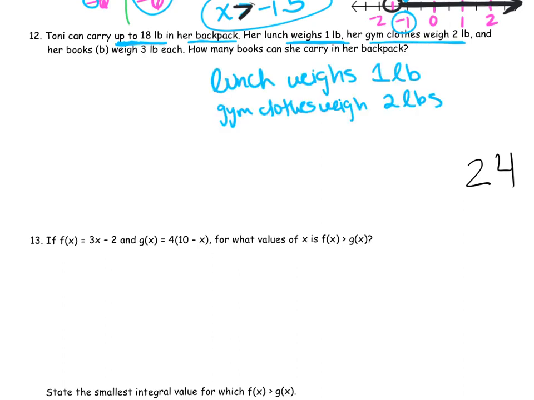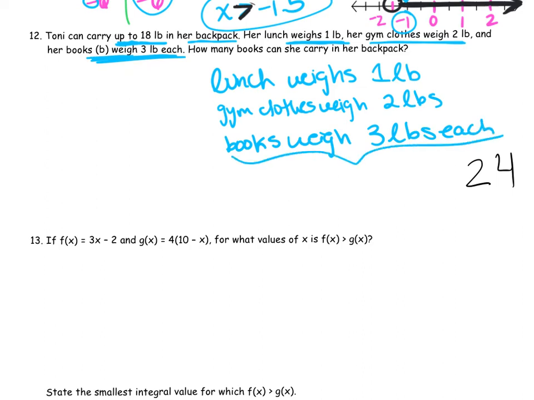And we also have each of her books weighs 3 pounds, and we're using B as our variable. So her books weigh 3 pounds each. Another way of writing this, if we have 3 pounds each and we're representing the books as B, that's 3B.